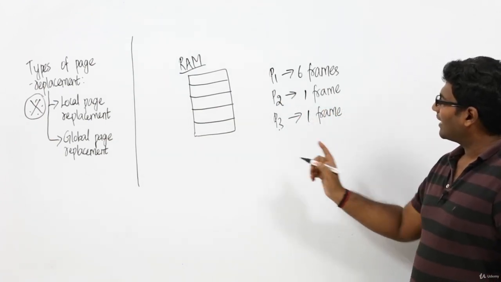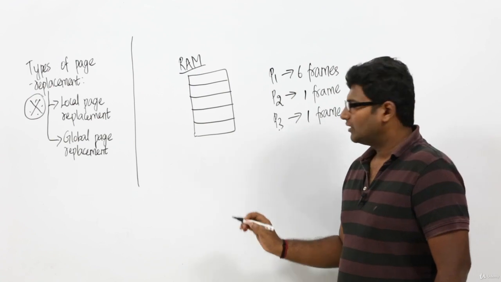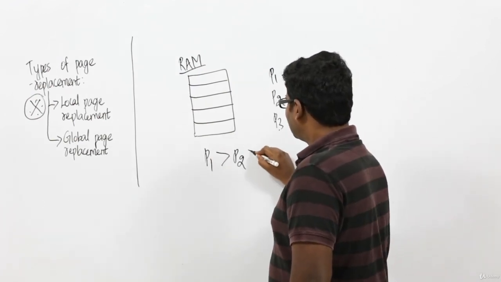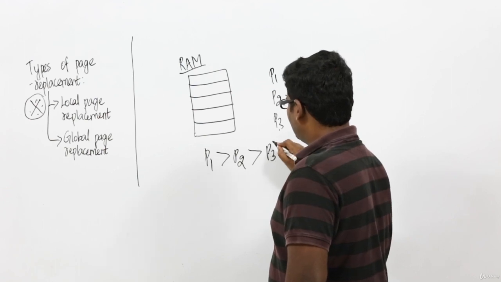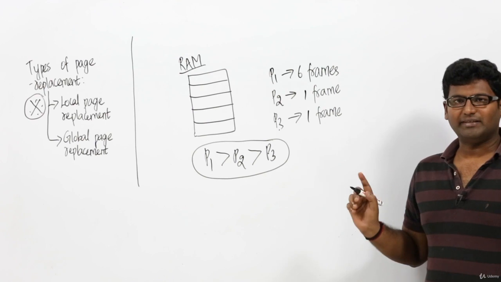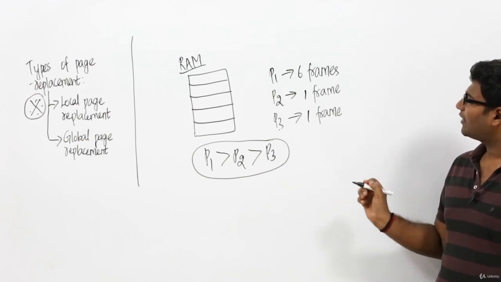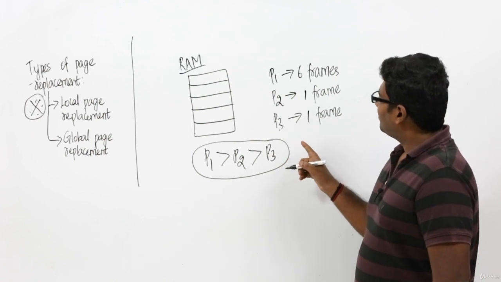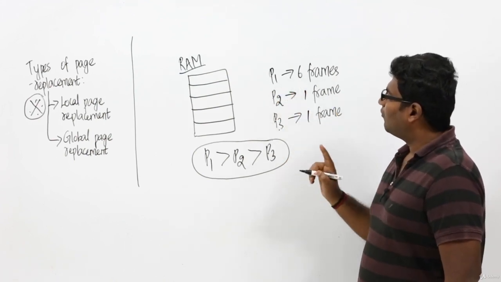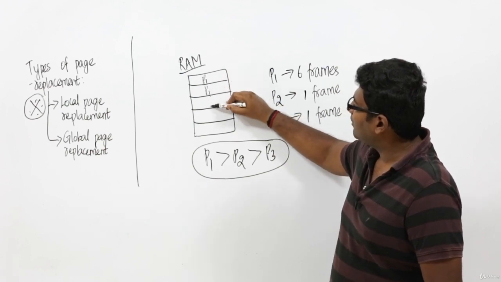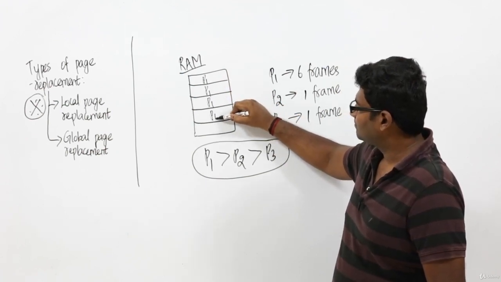Coming to the scenario, one more assumption I want to make here is that the priority of process P1 is higher than P2, which is higher than P3, right? Process P1 has the highest priority. That is my assumption. Now, in this scenario, what will happen is, since P1 needs 6 frames, all these frames will be taken by process P1.